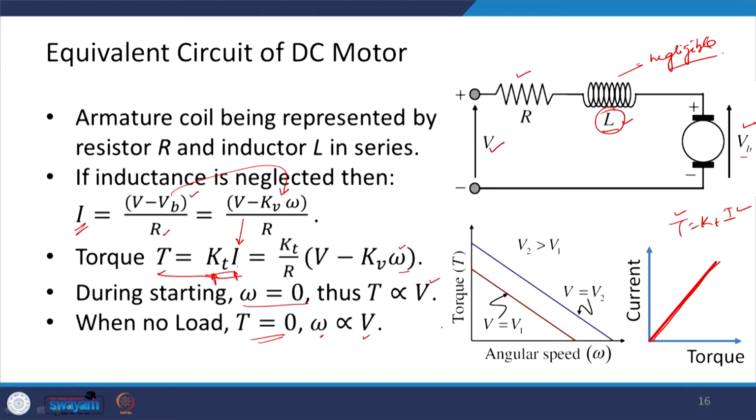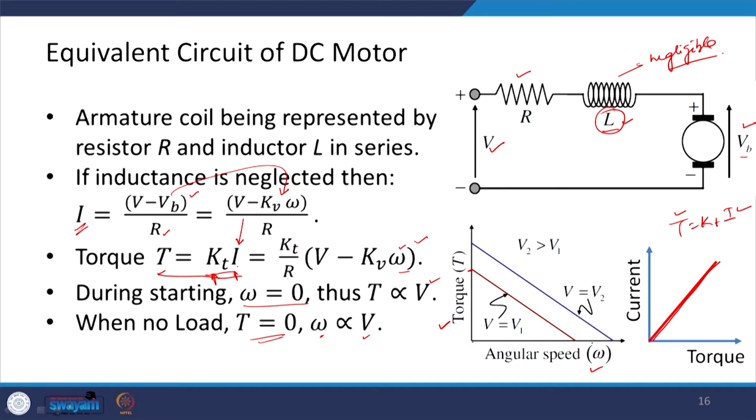And if I plot the torque versus angular speed, which I can do using this equation, you see that as the voltage increases, there is a parallel shift in this characteristic curve. When angular speed omega is 0, we have the maximum torque, which we also call the starting torque.